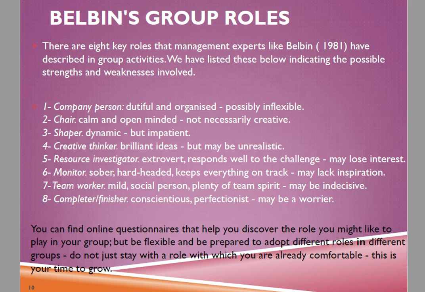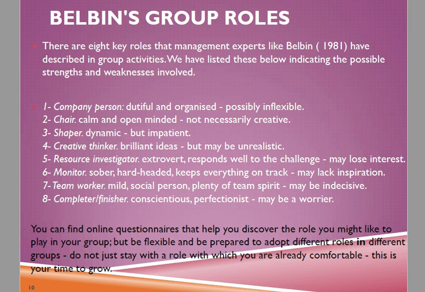1981 described the group activities into 8 rules. So the first rule, company, person, dutiful or unorganized. So the person that will accompany you or join your group should be dutiful or working for a duty, organized, possibly inflexible.